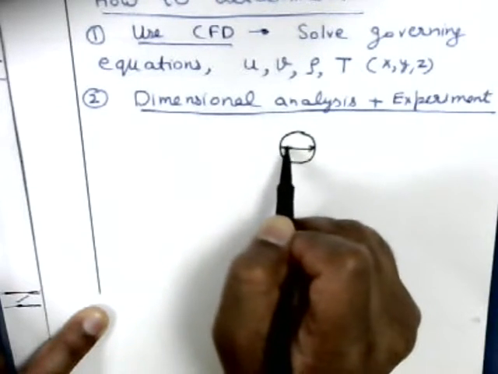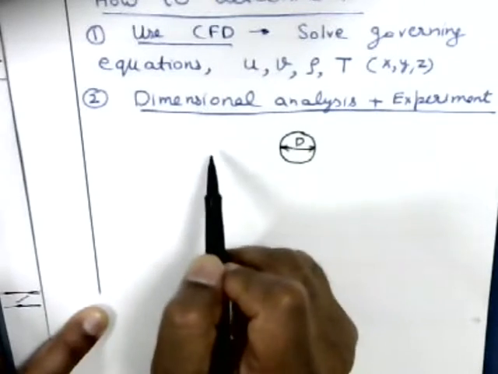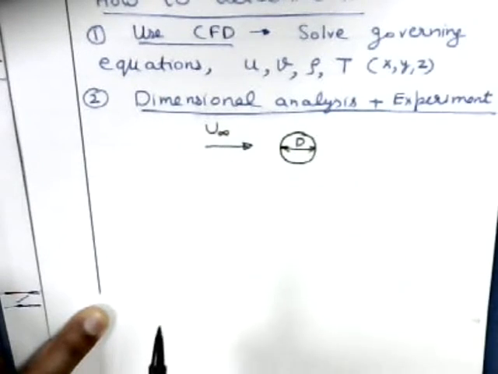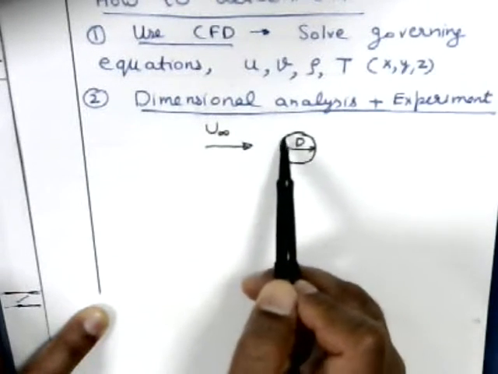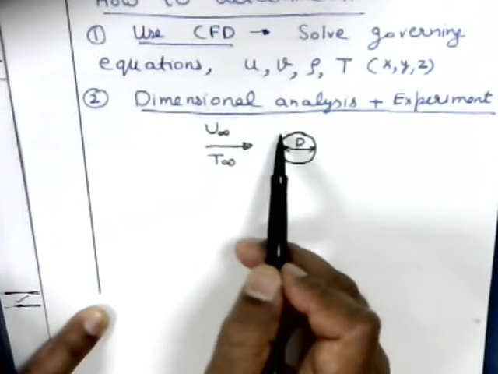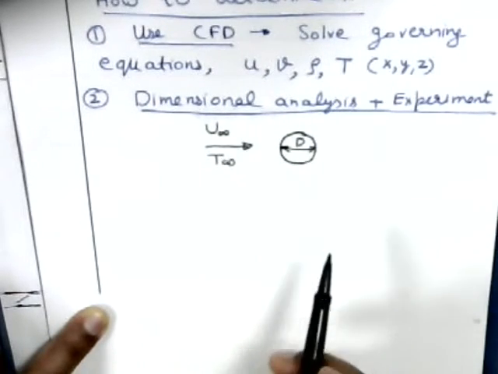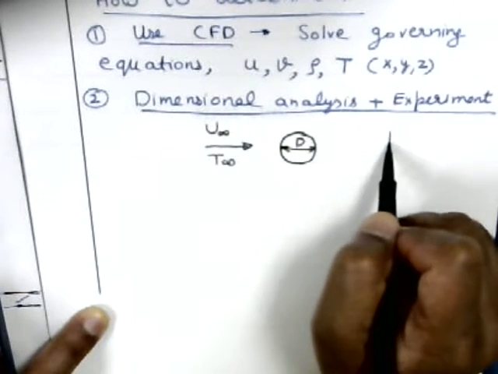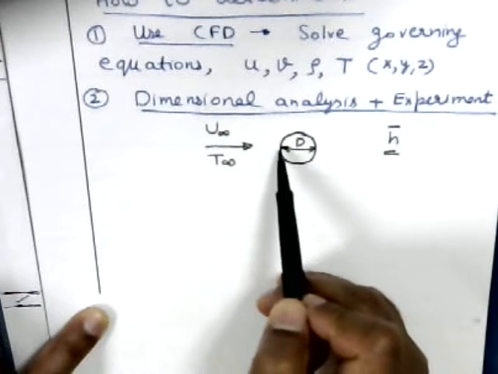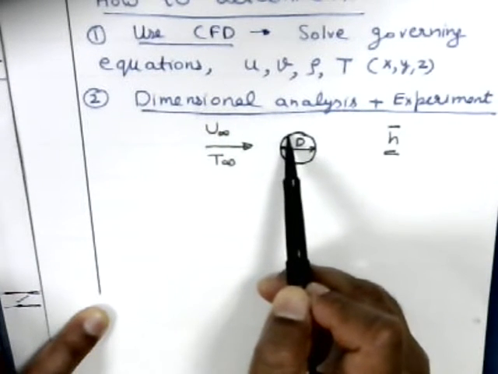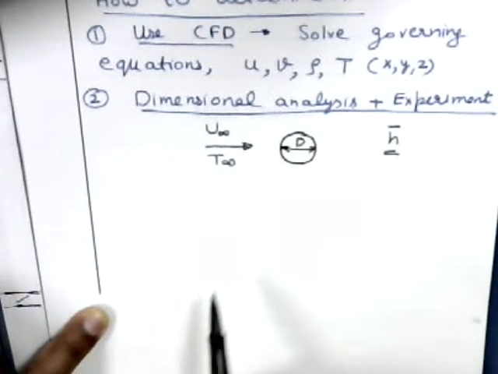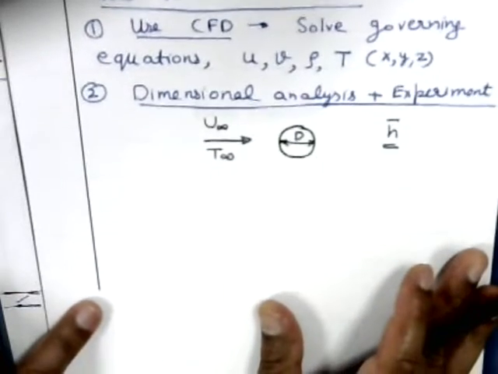Let's say its diameter is D, and then there is flow over the cylinder. This is U infinity. And if the surface temperature of the cylinder is different from the fluid temperature T infinity, there is heat transfer between the cylinder and the fluid, and we want to determine the average convection coefficient. This is average convection coefficient, because h is actually going to vary. The local convection coefficient is going to vary from point to point, but we can define an average over the cylinder.